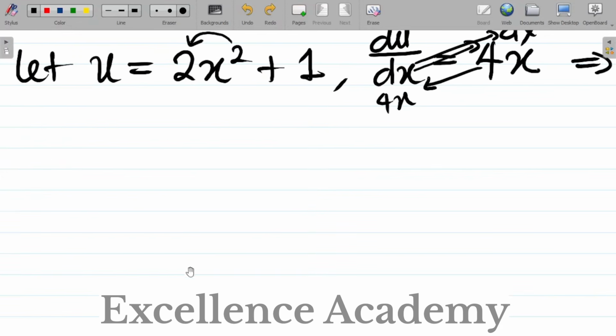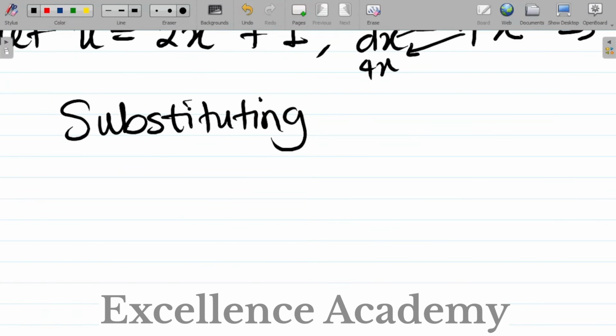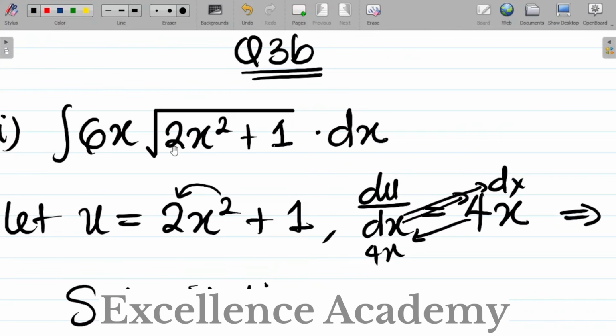All right, so having done this, the next task here is to substitute values. Substituting, what do we have? We have that the integral will be equal to the integral of 6x into the square root of, we just said this, 2x squared plus 1, this is equal to u.